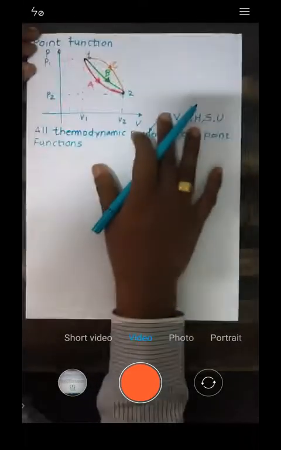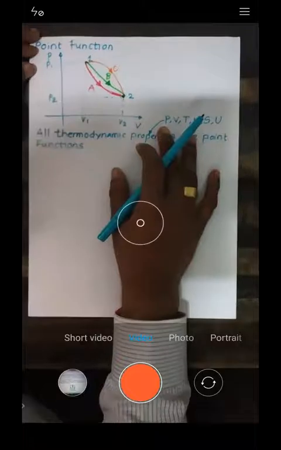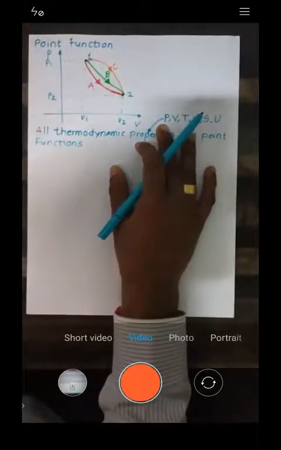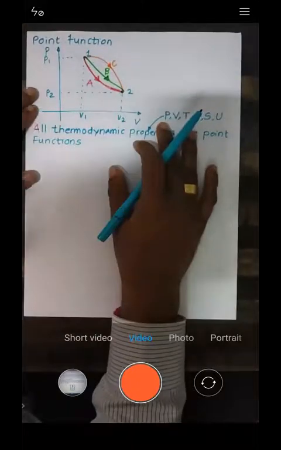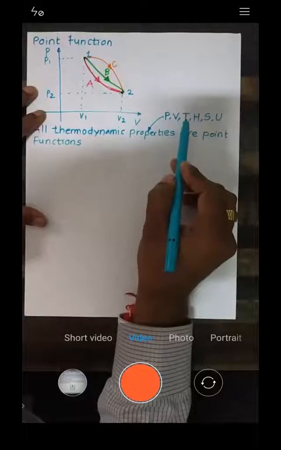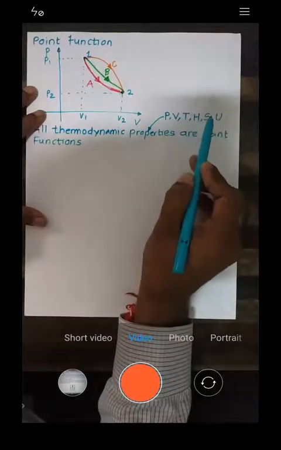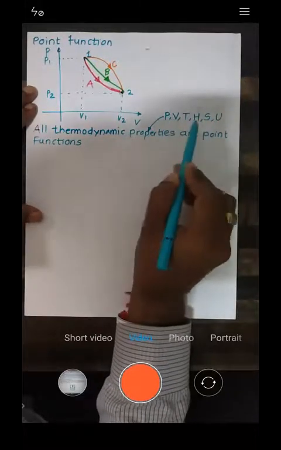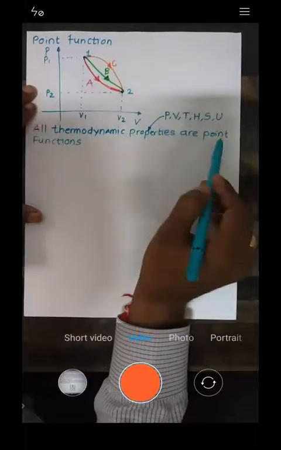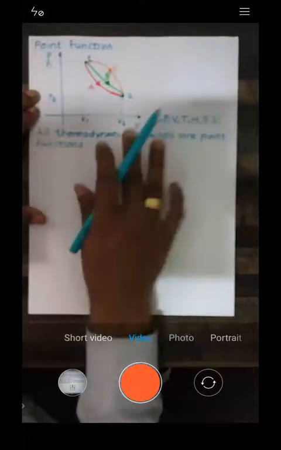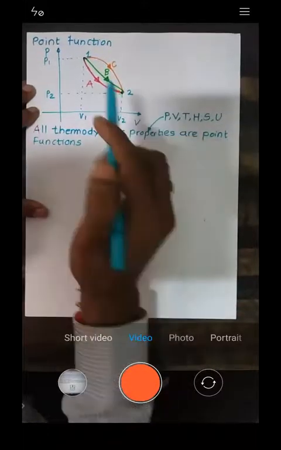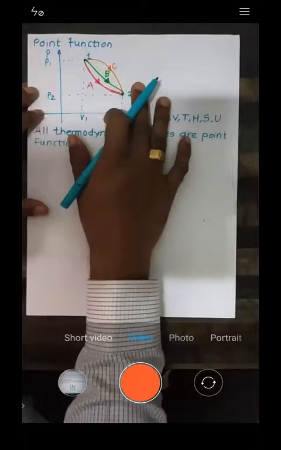That's why properties like pressure, volume, temperature, enthalpy, entropy, internal energy are called point functions. What do you mean by point function? They will only depend upon the initial and final state. They will not depend upon path.